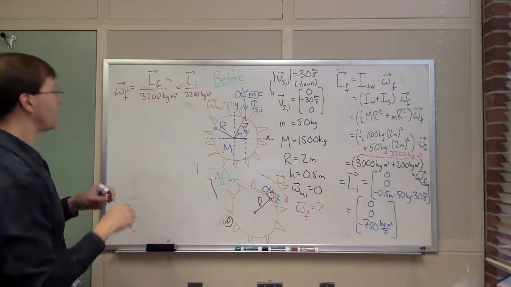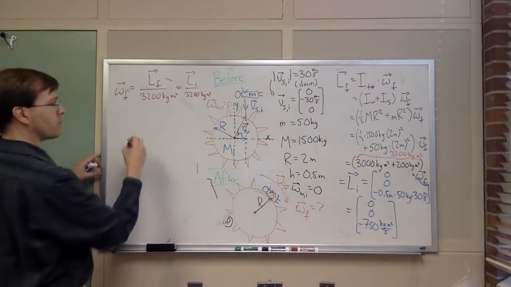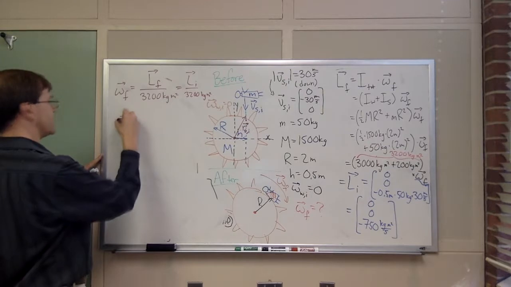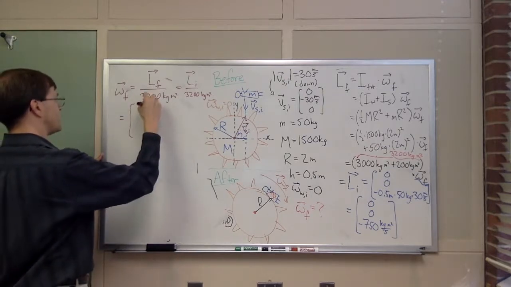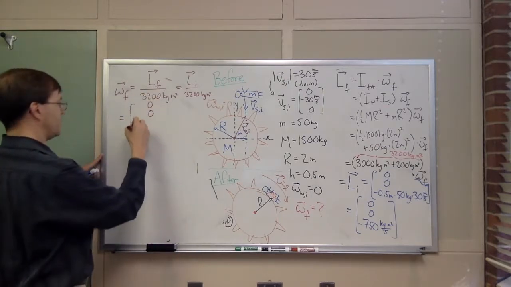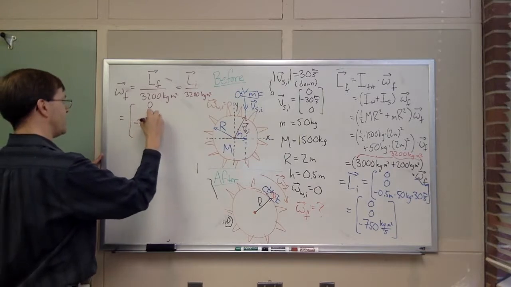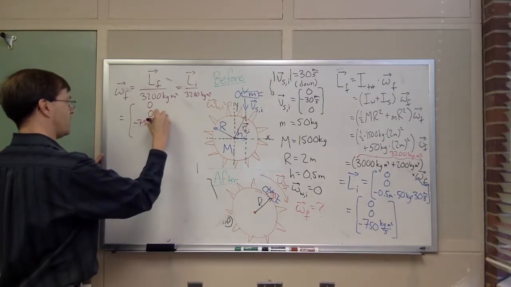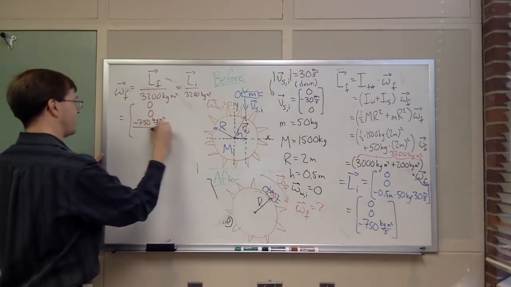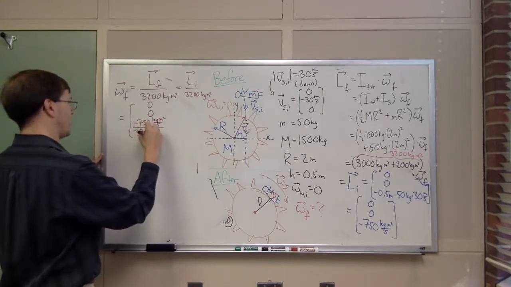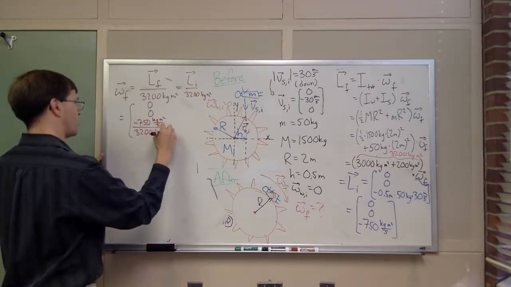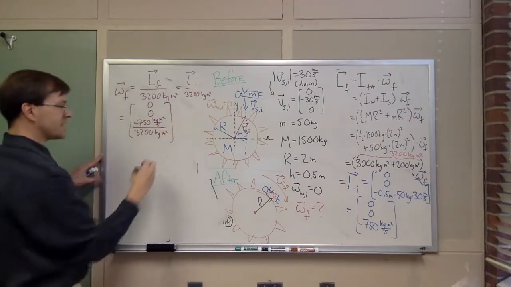What do we wind up with then? Our final number is 0, 0, and then minus 750 kilogram meter squared per second divided by 3,200 kilogram meter squared. Oh, this is kind of ugly.